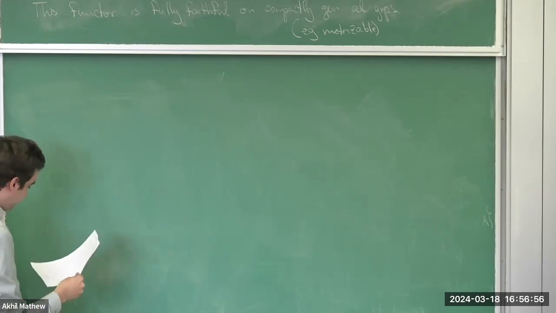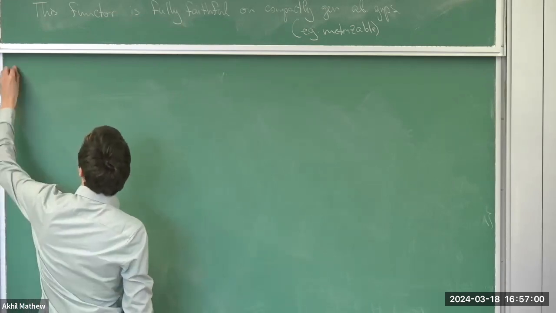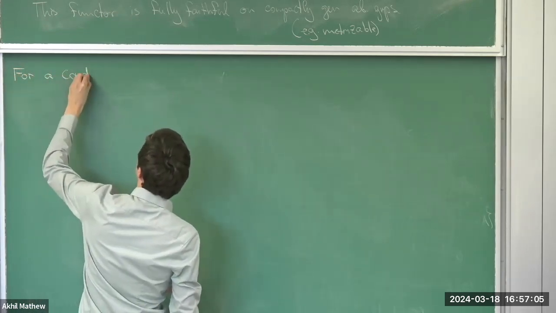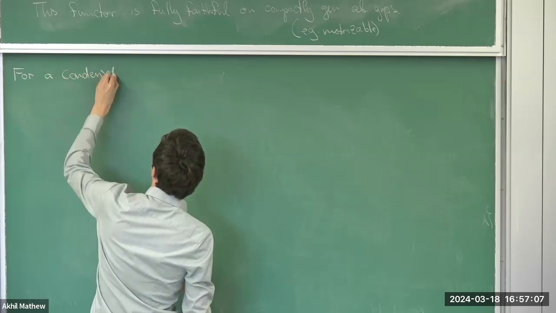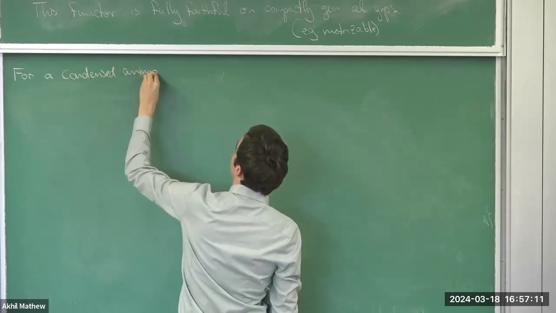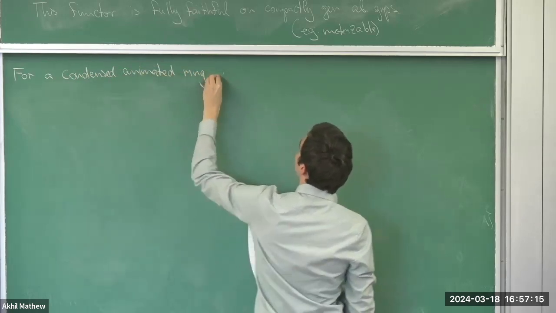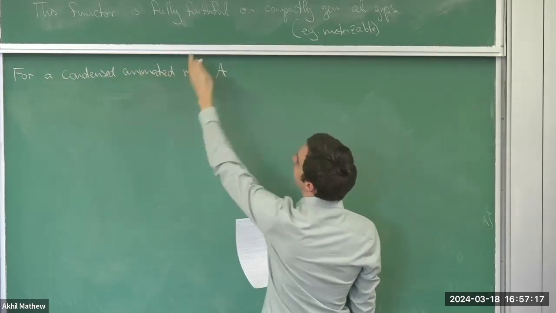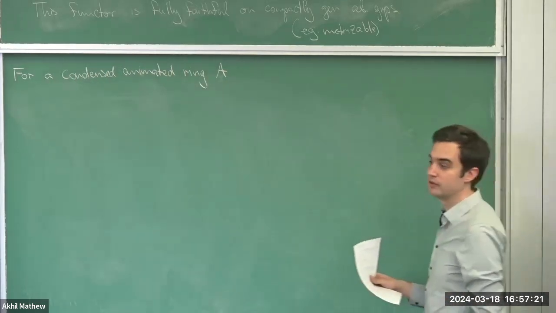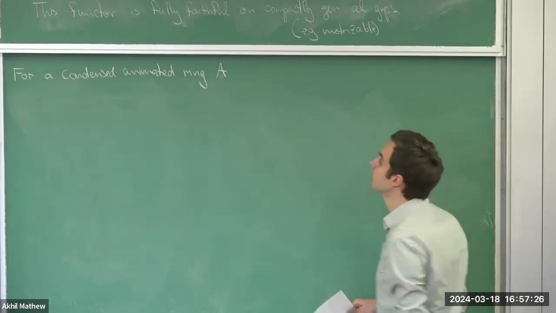Then a condensed ring, a condensed string, and maybe even animated, but if you don't know what that word means, just ignore it. Condensed ring just means a ring object in that category of condensed groups, so it's a condensed group together with the multiplication.